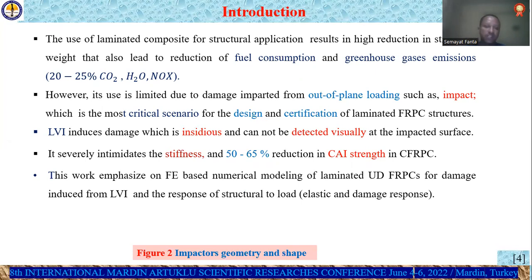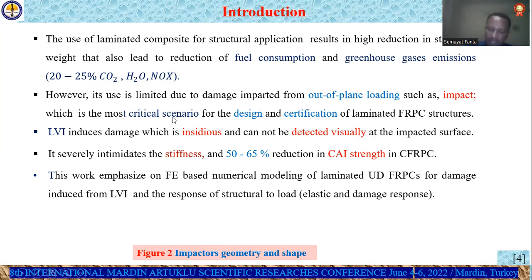As you know, the cost of fuel is increasing day to day, so the use of lightweight material enables a high reduction in the cost of fuel consumption and the cost of flight, and greenhouse emission reduction can also be achieved. For example, in Boeing, 20 to 25% of carbon dioxide emission and water vapor and nitrogen dioxide are reduced to a large extent.